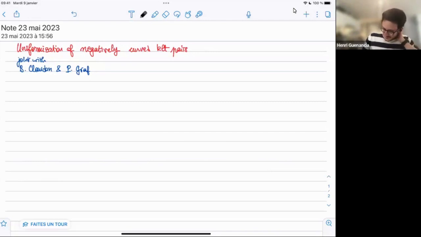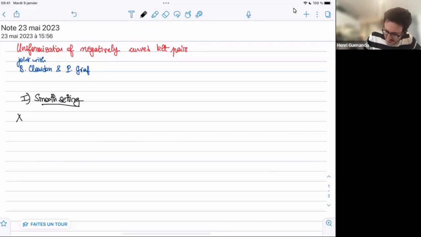Okay, so I'm going to start with the smooth classical setting. So this is really old material and results. So the setting is as follows.